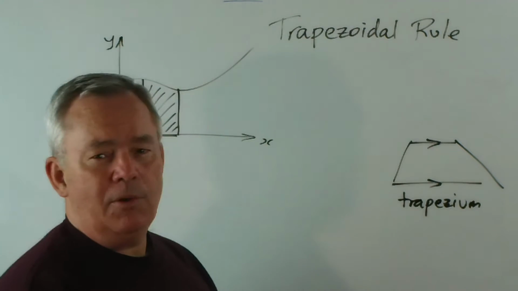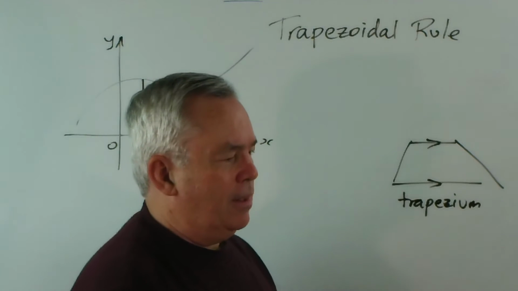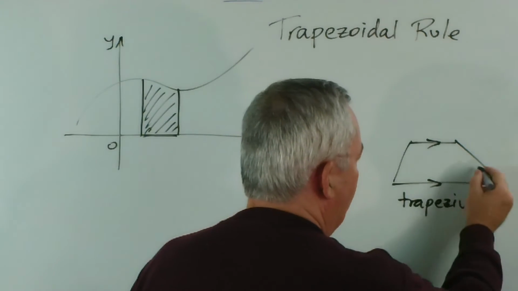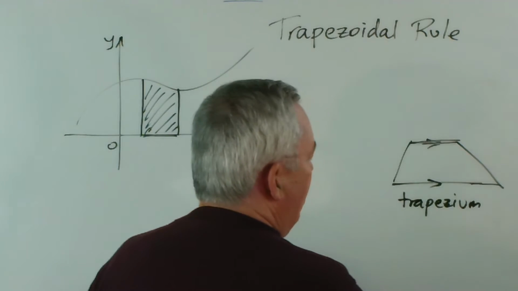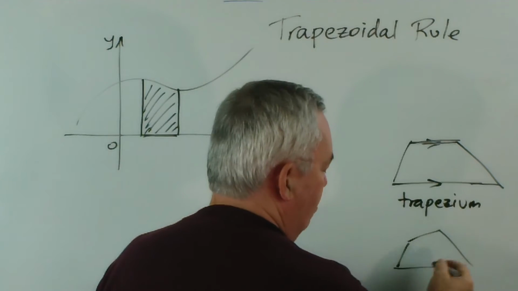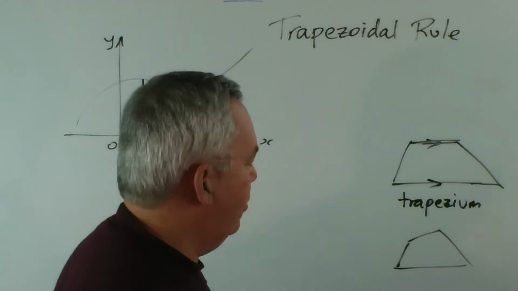Historically, it seems that was the definition up until 1795 throughout England and Europe. And a trapezoid had no parallel sides, so it was just a fairly nondescript quadrilateral, a four-sided figure.